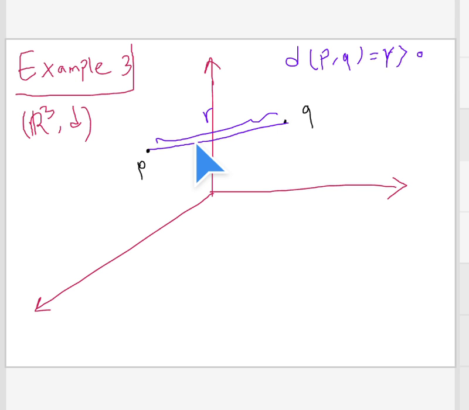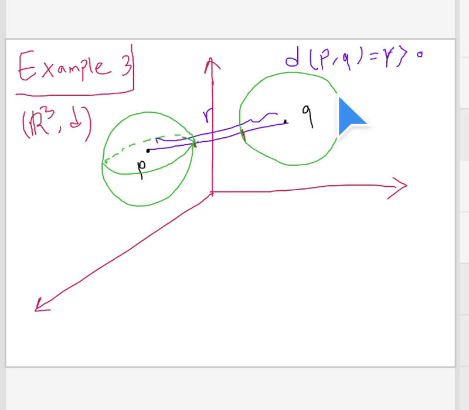I divide it into three parts. Then I can give a sphere here and a sphere here.